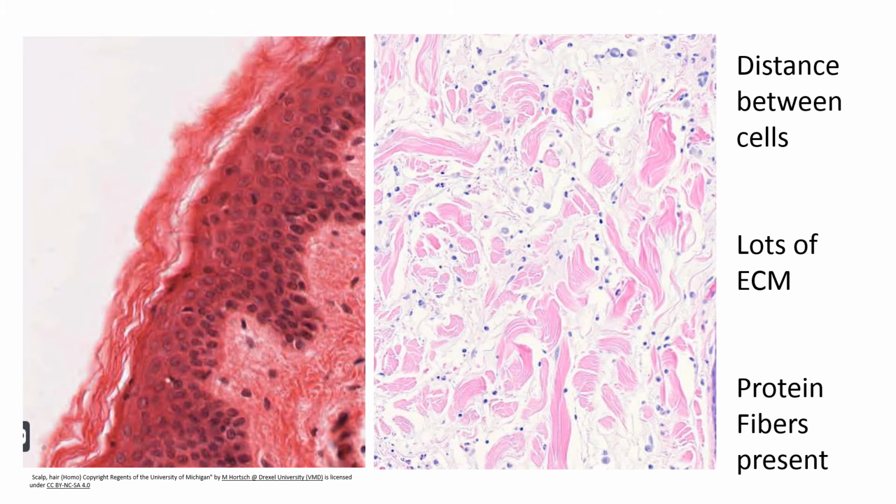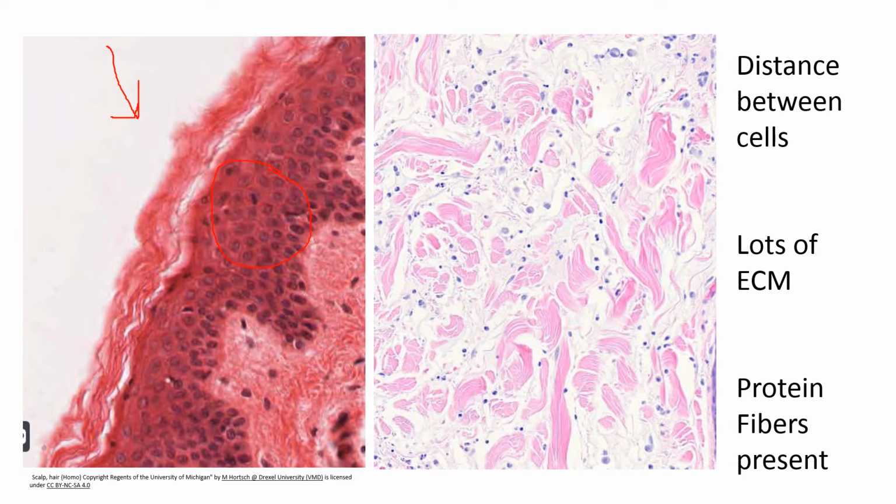Now, on the off chance that you don't remember what epithelial tissues look like, first, tisk, tisk, tisk, please go back and look at those. But on the left side of the slide, I've actually put epithelial tissue for you. So you'll recognize this as stratified squamous epithelial tissue right here.